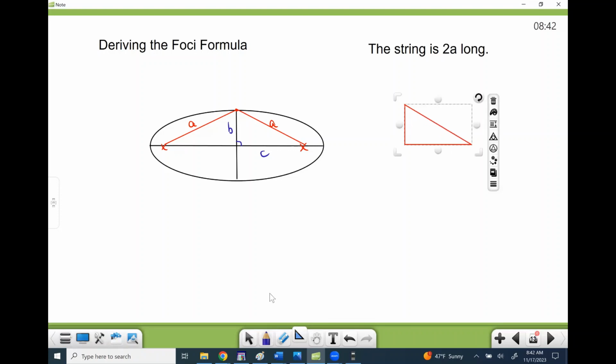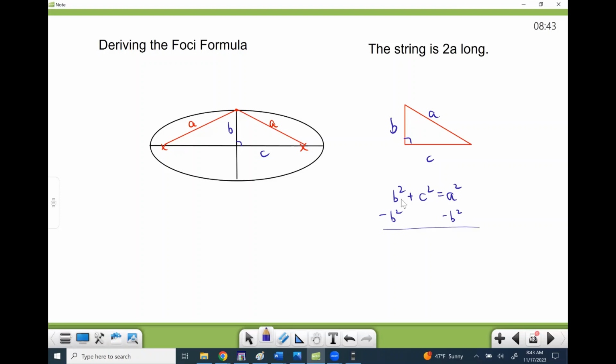So if we take this right triangle where we have B here, C here, and A here, and we do the Pythagorean theorem to it, then the Pythagorean theorem in this case would be B squared plus C squared equals A squared. Or if we subtract the B squared from both sides, then we end up with C squared equals A squared minus B squared. Okay, and there's our formula.